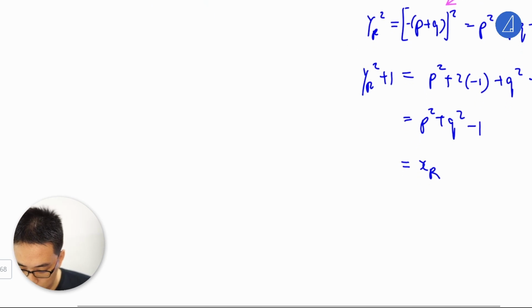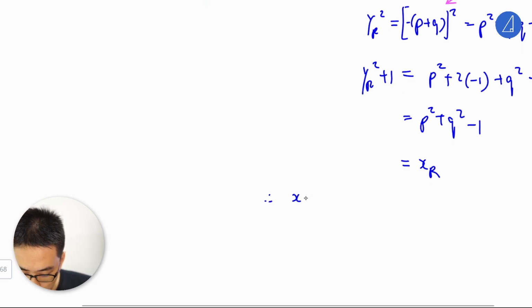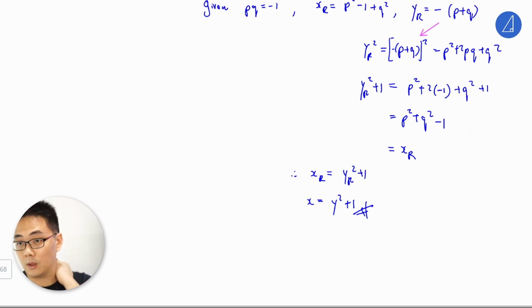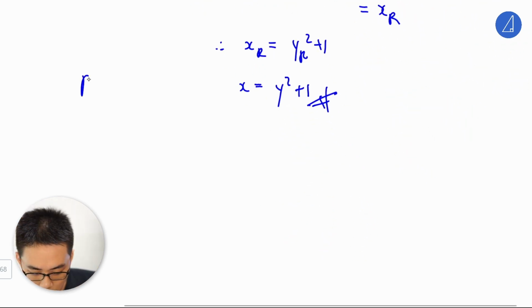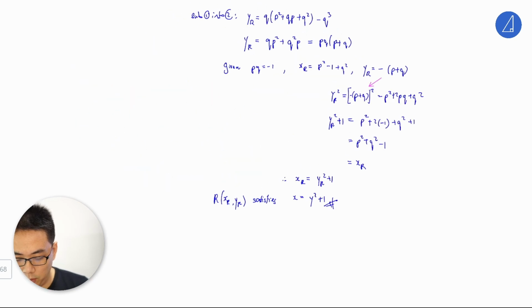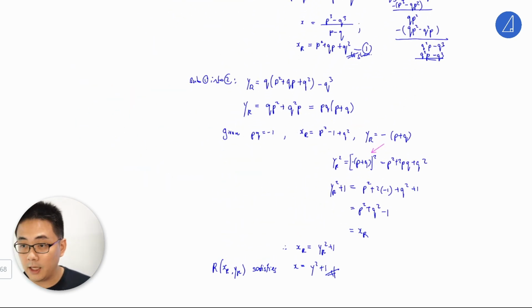So hence, this is how I write. But of course, you don't really need to follow what I write. Anything that makes sense is fine. Okay, you just keep substituting in.